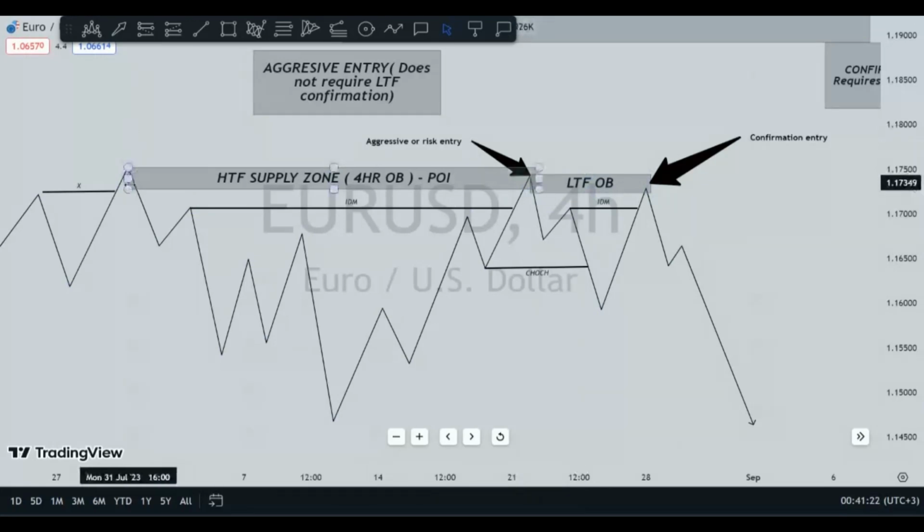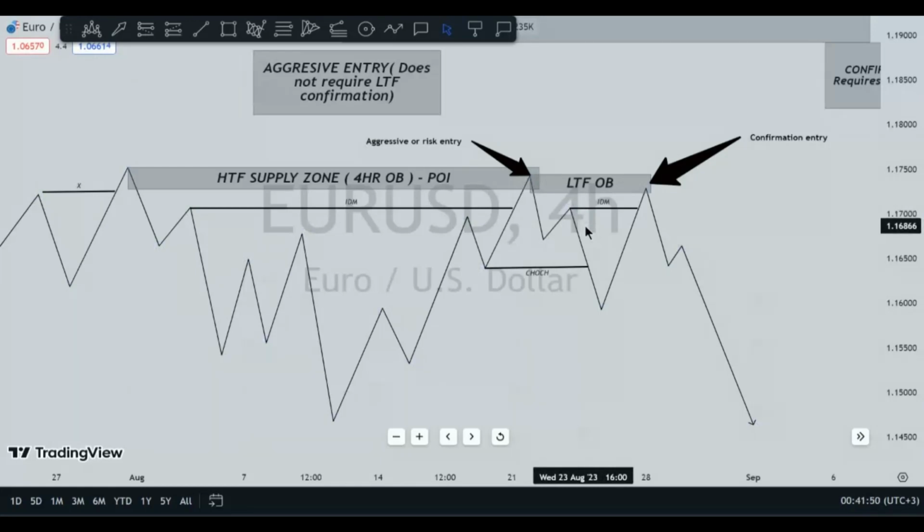So this is my 4 hour order block, which I have considered my POI. So I'll go to the 15 minute time frame, which will be the lower time frame that I will use for confirmation of entry.